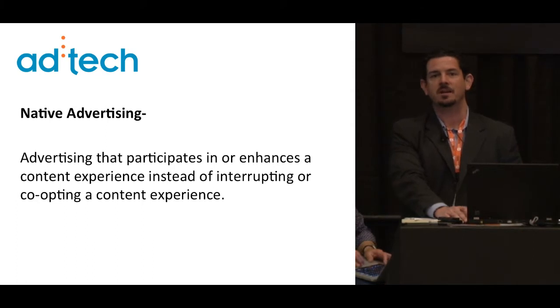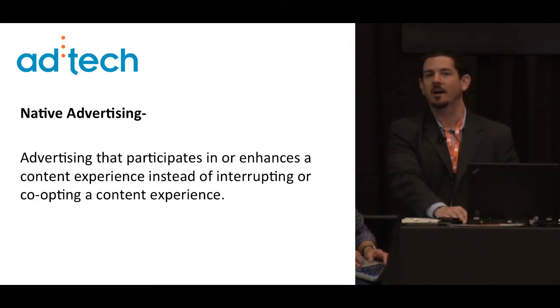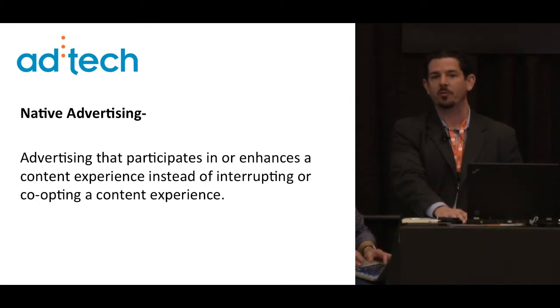So this is not just content. Advertising is designed to pull something off to help achieve marketing or business objectives. Participates in or enhances. That means that consumers don't feel threatened by it. They don't want to skip it because it becomes a part of their experience. And it's instead of interrupting or co-opting, which is what most of us have done for most of our careers.